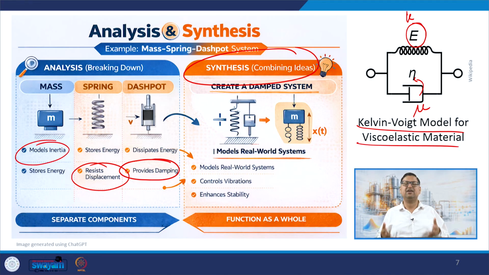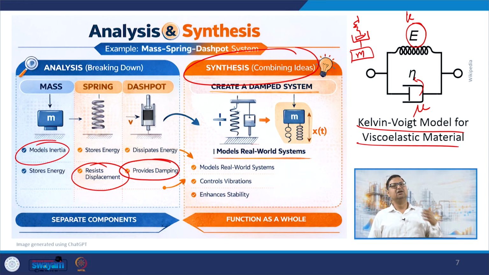The system behavior that we are seeing depends on how we have combined it, right. I could have imagined putting the mass m and the spring and the dashpot all in a series that would still have the same subsystems, but the system behavior is going to be very different.